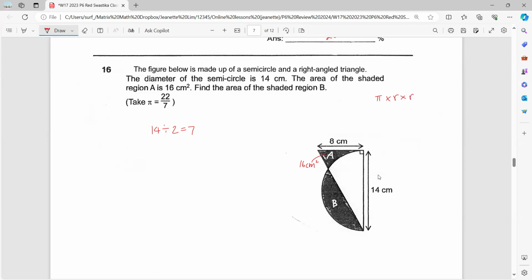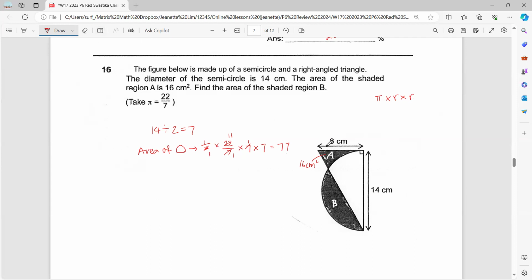So area of semicircle is half times pi times radius times radius. Simplify. This will give us 77. Area of the semicircle is 77.